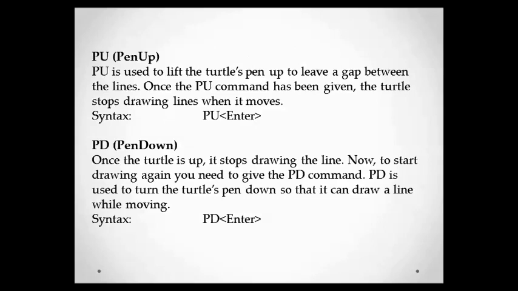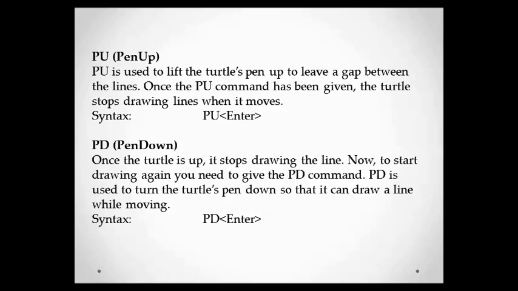First is pen up. You all know that when the turtle moves, it always leaves a line behind it. But if you want the turtle to move without leaving any trace behind it, it should not make any line, it should move by creating a gap, then you need to make the turtle's pen up.